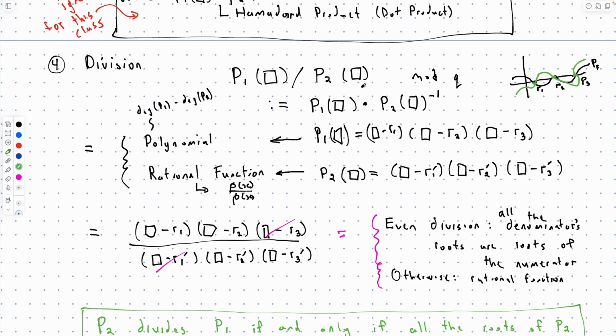But more commonly, we do this a lot, you could also imagine that P1 has 100 roots and P2 is just like 3 roots. And so when you divide it, you're just showing that it has those 3 roots in common. So the number of roots of P2 has to be less than P1. Otherwise you get a negative degree polynomial, which doesn't make sense. Okay, yeah.